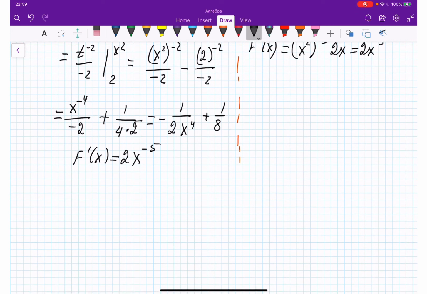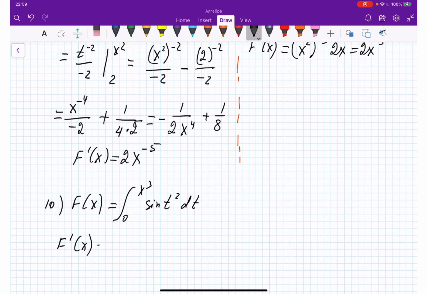So 10, because each one of them is an interesting case. F of x is equal to the integral from 0 to x cubed of sine t squared dt. So everything is already given. F prime of x is going to be equal to sine x cubed to the power 2, right?